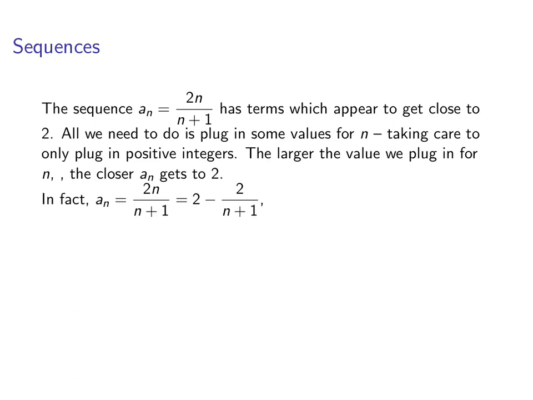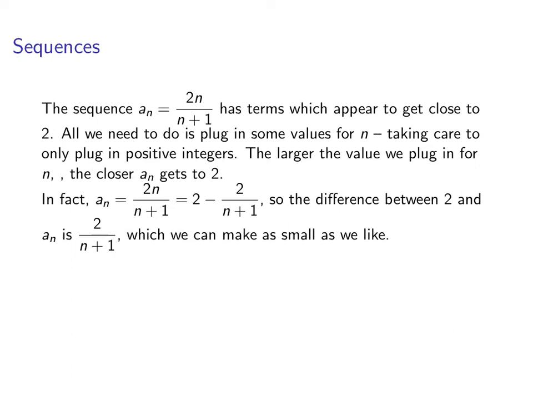In fact, with a little algebra, we can see that a sub n equals 2 minus 2 over n plus 1. So if we look at the difference between 2 and a sub n, the difference is going to be 2 over n plus 1. And that we can make as small as we like.